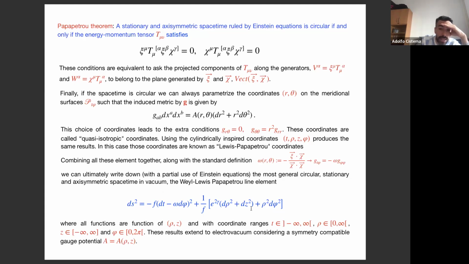This is known as the magnetic Weyl-Papapetrou spacetime. Okay, it's just a normal Weyl-Papapetrou spacetime as the one you see here, on which you have applied the discrete double Wick rotation transformation. The funny thing is that this is also stationary, axisymmetric, and circular, and does not modify the shape of the Ernst equations.